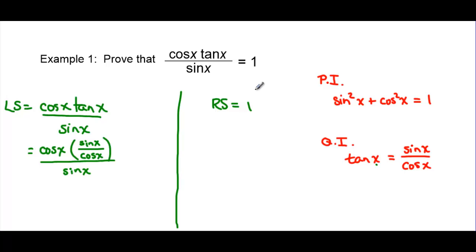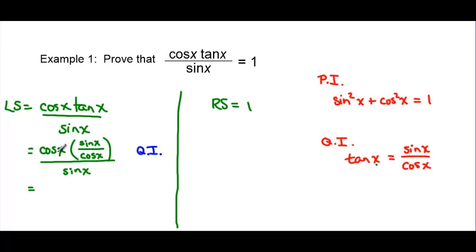So when we do our proof, if we use one of our identities, we need to write beside it what identity we used. In order to go from tan x to sine x over cos x, we use the quotient identity. So I'm going to put a little QI off to the side on the same line that I made the switch. Well, let's see how that helps us.